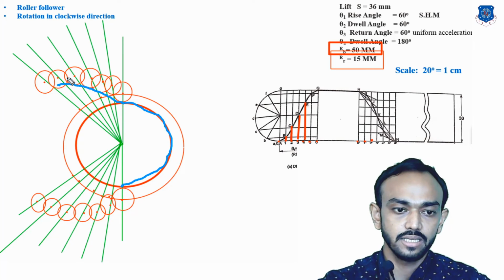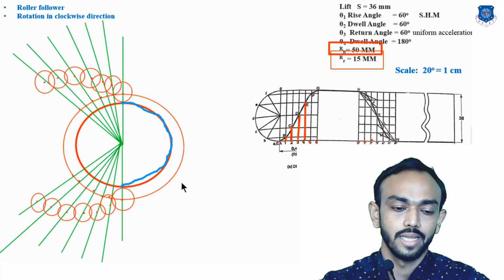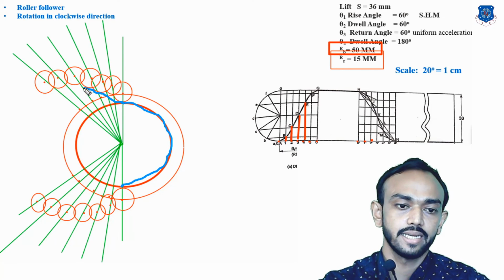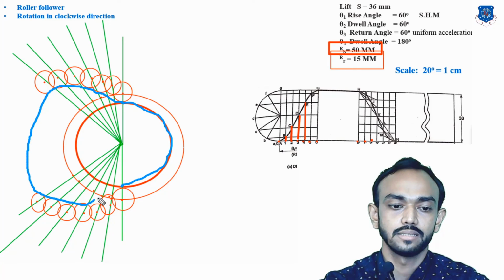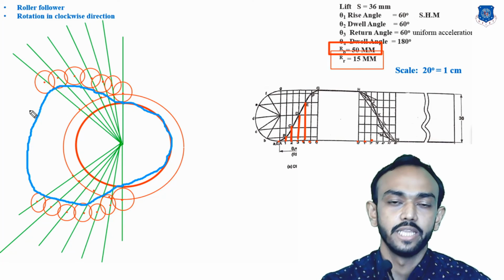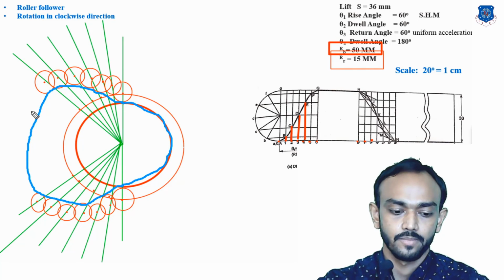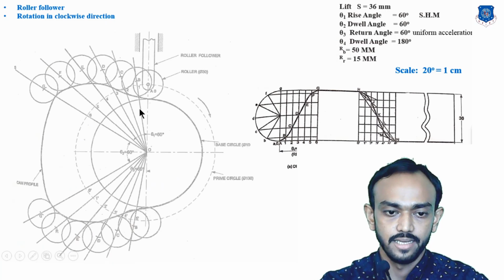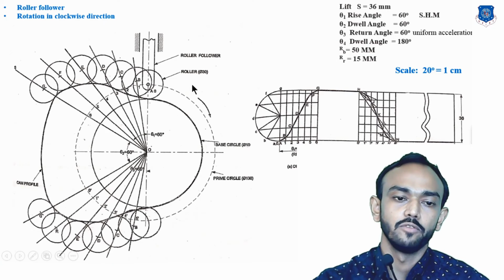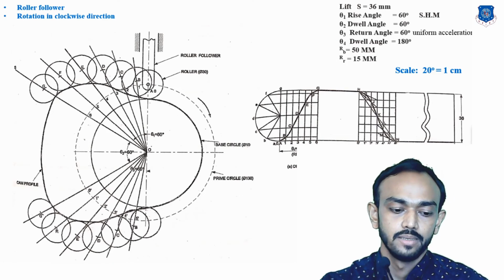This type of intersecting should not be there. Only contact, no intersecting, and this profile you will pass through all the circles here, and it will give you the cam profile for the roller follower.